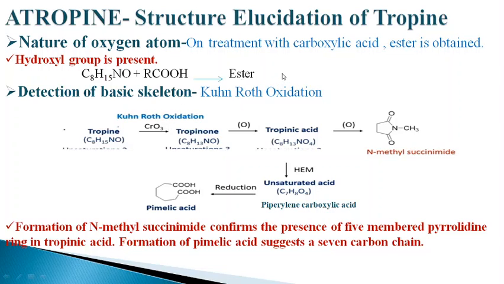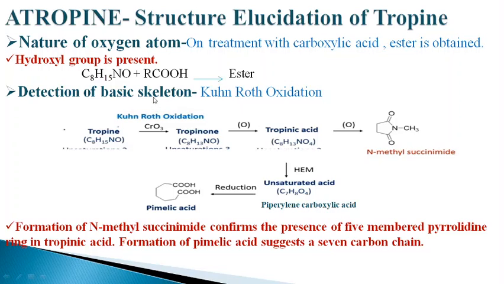There is one more reaction, oxidation. On oxidation, tropine forms a ketone, which means the nature of this hydroxyl group is secondary, that is, a secondary hydroxyl group is present.